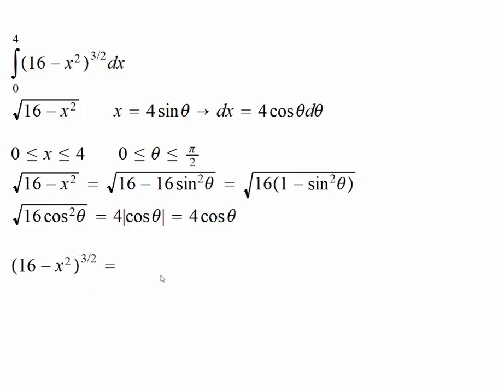That simply becomes 4 cubed, and this would become 64 cosine cubed theta.